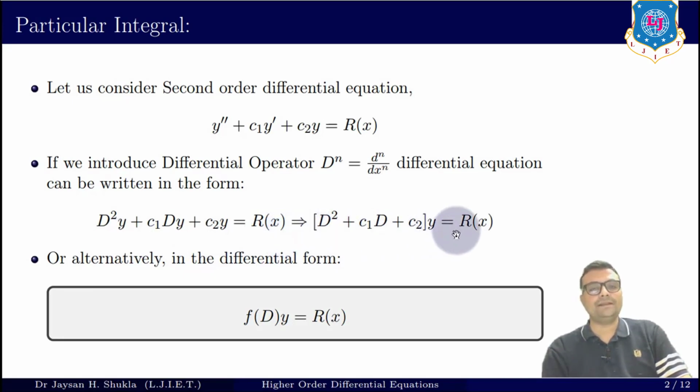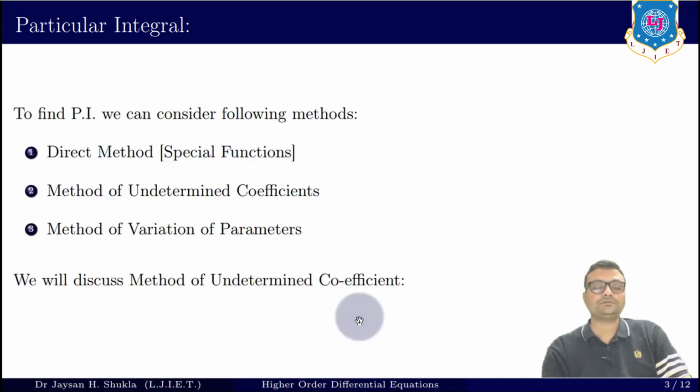Separating for y, it gives me (D squared plus c1 D plus c2) times y equal to r of x. Now, considering this big bracket D squared plus c1 D plus c2 as a combination of D, f of D, the equation will take the form f of D times y equal to r of x. The next step is to consider the particular integral.